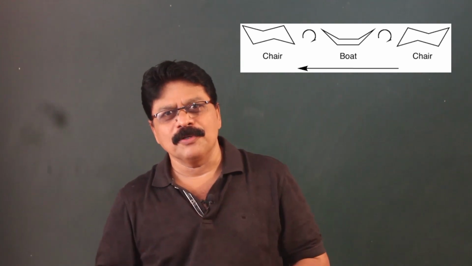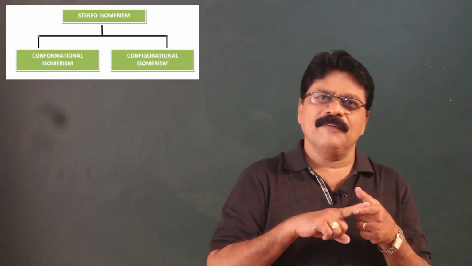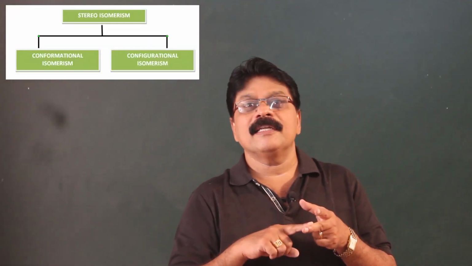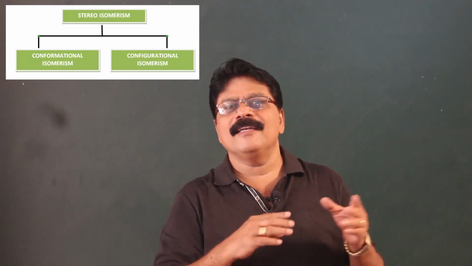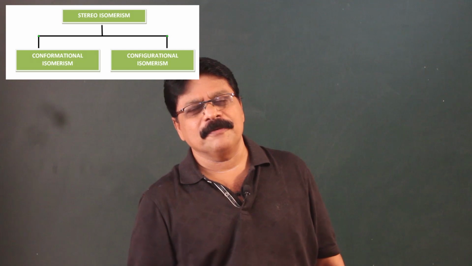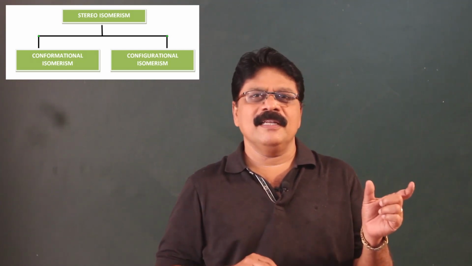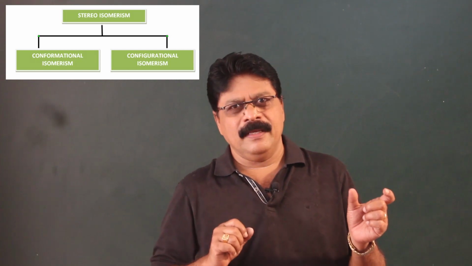We are going to talk about stereoisomerism. Stereoisomers are a set of molecules with the same molecular formula and same structural arrangement, but they show different properties, due to the different spatial arrangements of atoms in the molecule. Stereoisomerism is broadly classified into conformational and configurational.